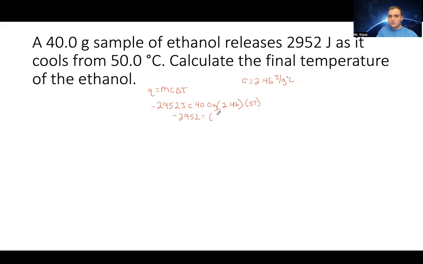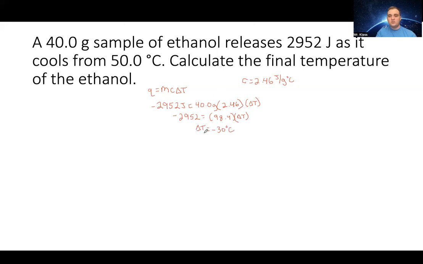Now multiplying across, I'm going to get 98.4 delta T. Doing a quick little bit of algebra here, our delta T is actually equal to negative 30 degrees Celsius.